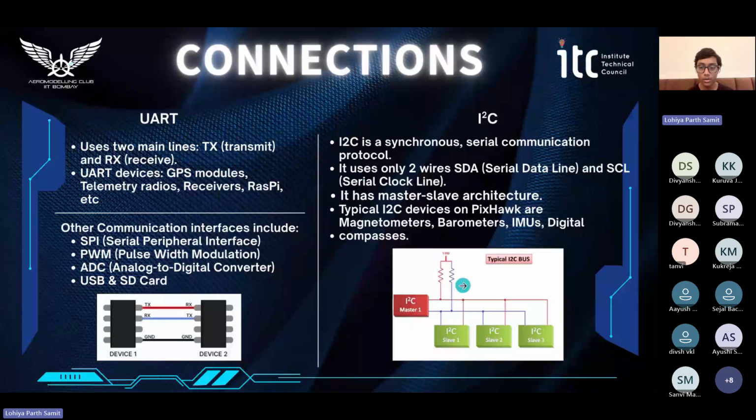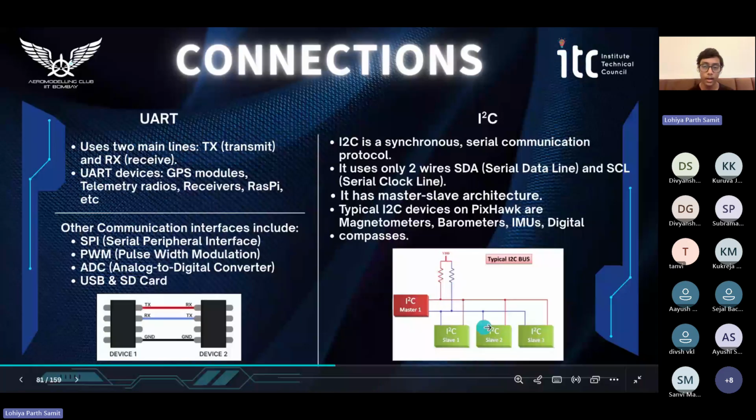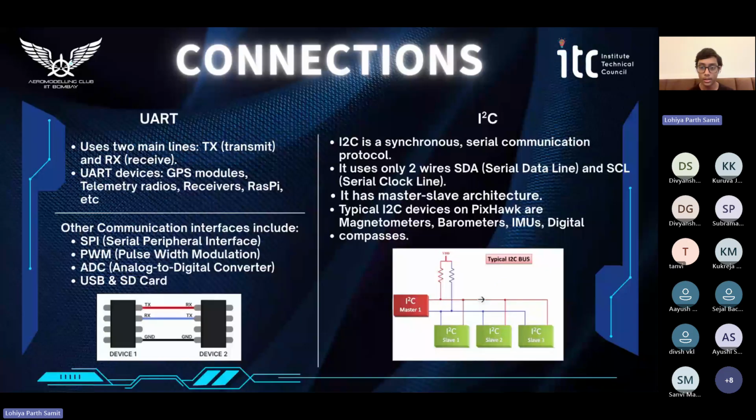It has a master to slave architecture, and typical I2C devices on the Pixhawk include magnetometers, barometers, IMUs, digital compasses, etc. And I'm sorry about this, SPI is not your serial performance index, but it is the serial peripheral interface. It also uses PWM, pulse width modulation, as we have seen in MS101. It also has ADC, that is the analog to digital converters, and it also has USB and SD card inputs.